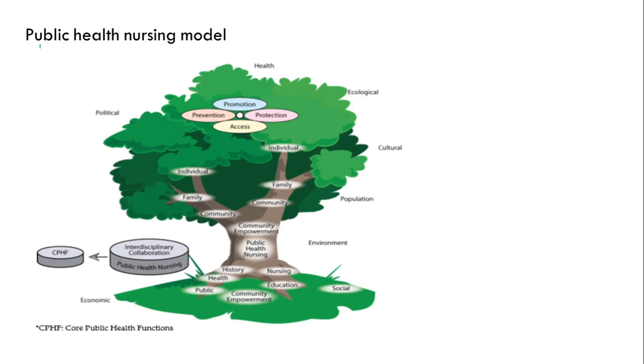Core public health nursing functions include promotion and protection of people's health, prevention of diseases, and giving access to health for all the people. Community health nurses perform these functions in collaboration with other sectors in the country.